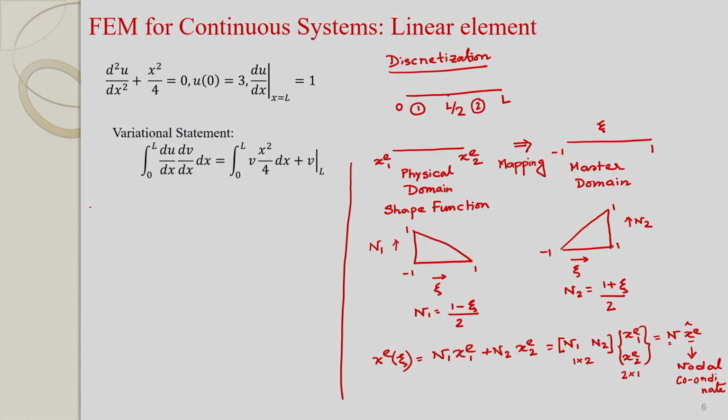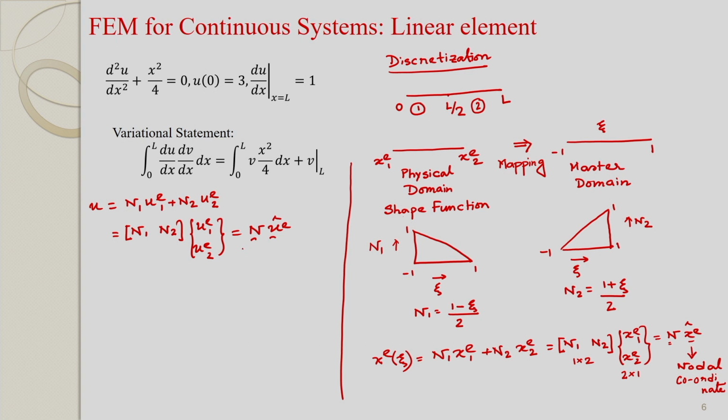So, we can write u equal to n1 ue1 plus n2 ue2, in matrix vector relation n1 n2 times ue1 ue2, matrix notation same n and it is ue hat.